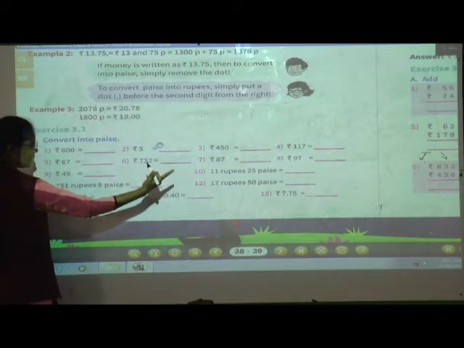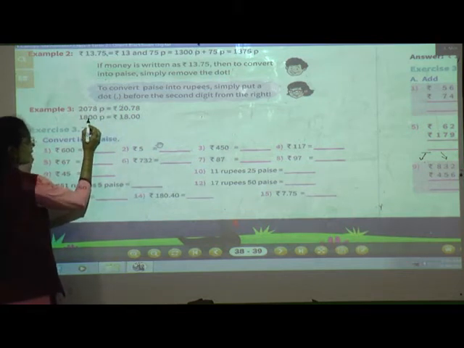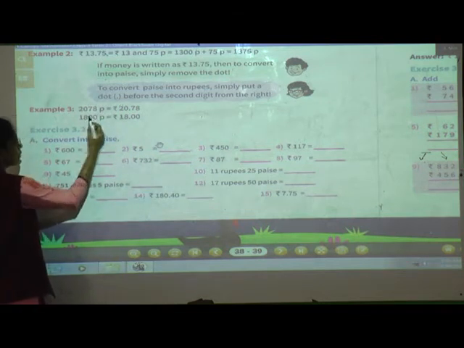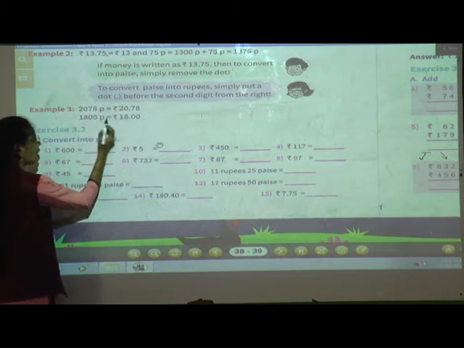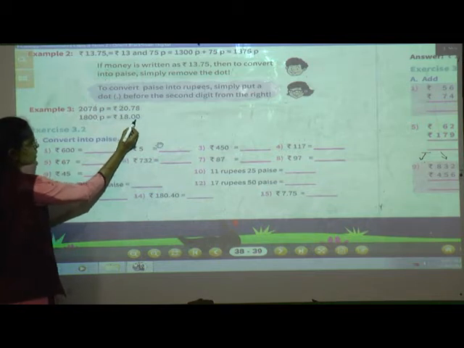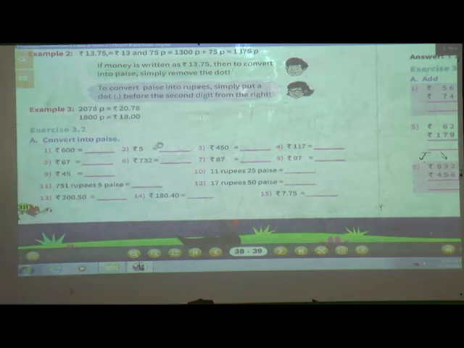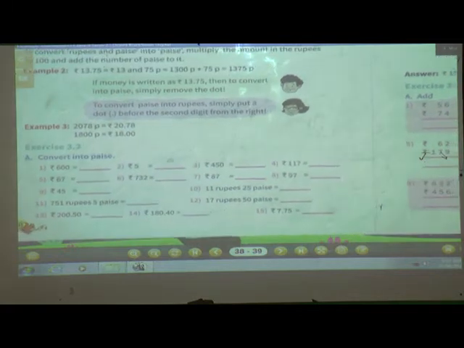From the right side, before the second digit, you have to give a dot, and then write the symbol for rupee, means rupees 18. So in this way you can convert rupees into paise and then you can convert paise into rupees also.